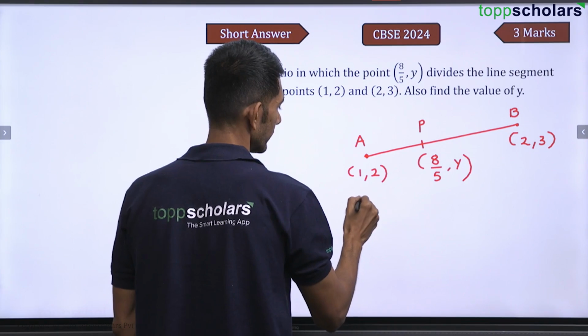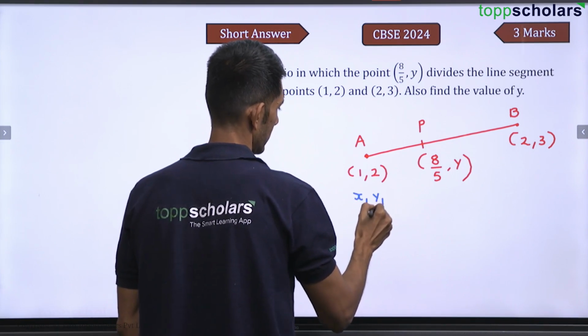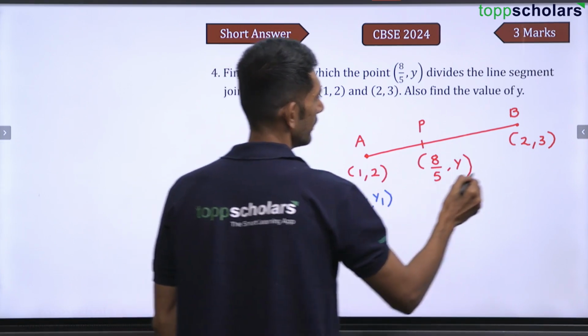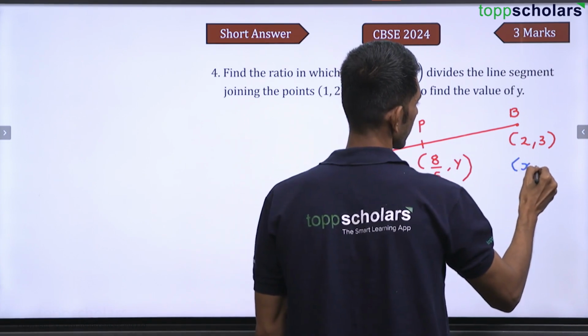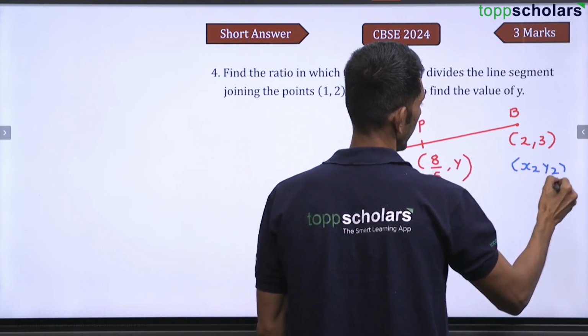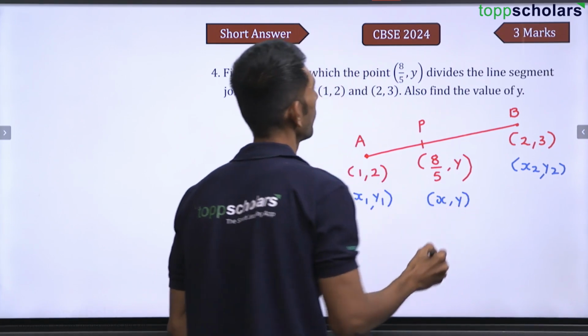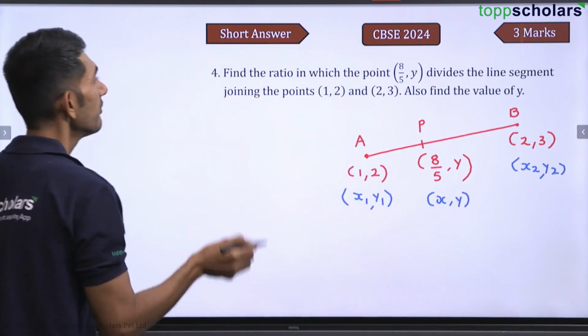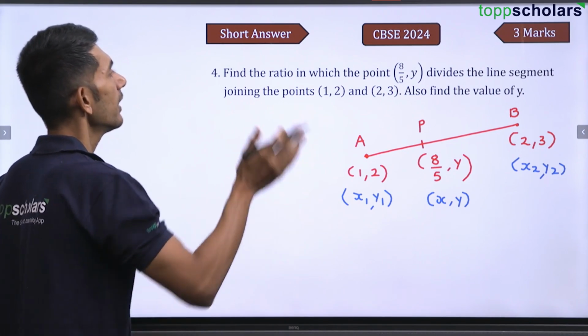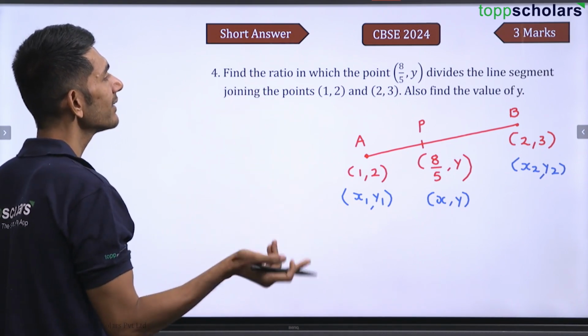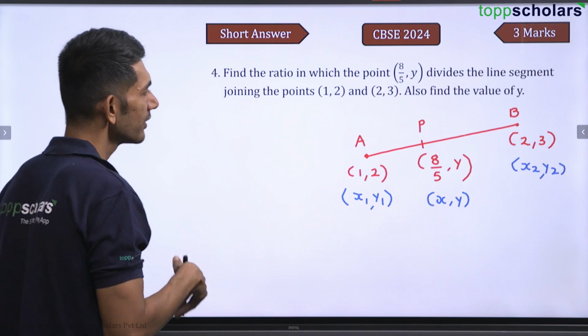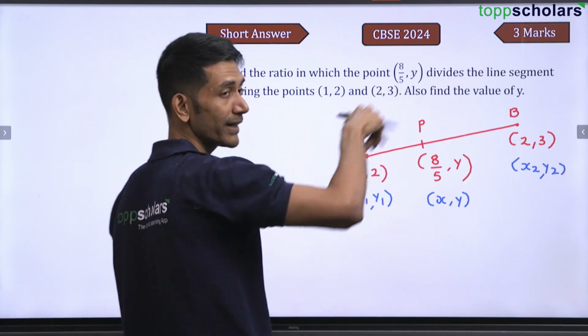So this is x1, y1. This is x2, y2. And this is x, y. Correct? Find the ratio in which 8 by 5, y divides the line segment joining the points, and also find out the value of y.